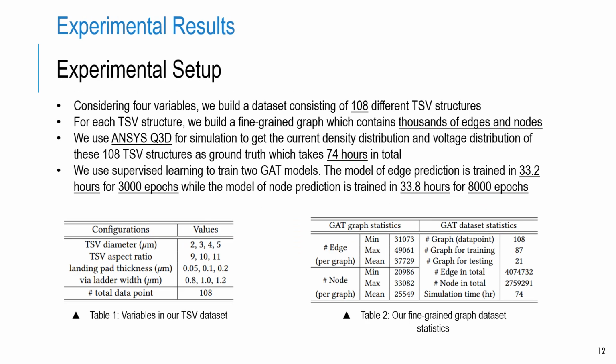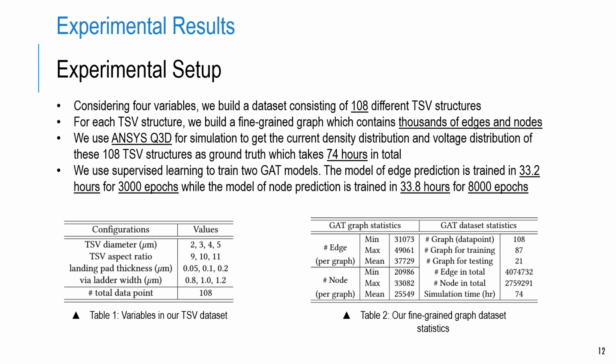Next, I will describe the experimental setup used to train and evaluate our models. For the training dataset, we consider 4 key variables as listed in Table 1, resulting in 108 possible combinations. For each TSV structure, we construct a fine-grained graph which contains thousands of edges and nodes.